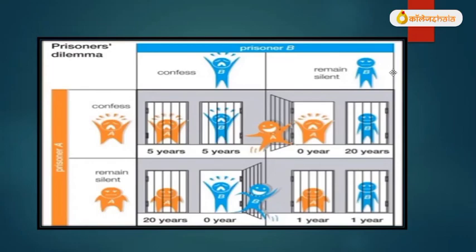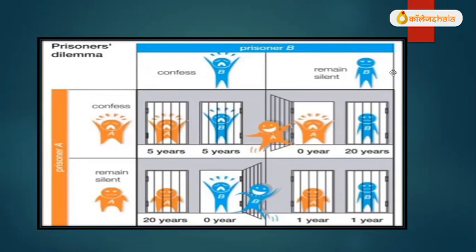Similarly, if you go to the lower left cell, that means prisoner A is not confessing, remaining silent, and prisoner B is confessing. What is happening? Prisoner B goes free, but prisoner A, who remains silent, will be in jail for 20 years.